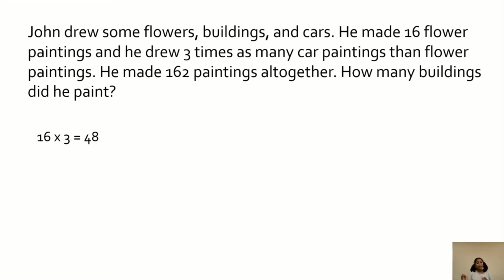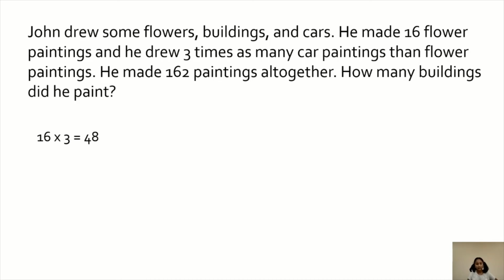Because you already figured out the flower paintings and the car paintings, so the rest would be only buildings. So what would you need to do to figure out the number of buildings? That's right, subtract the sum from 162, because 162 paintings is the total. So 162 minus the sum of 16 plus 48 equals the number of building paintings. That is a really big mouthful, but we're going to go over that in just a little while.